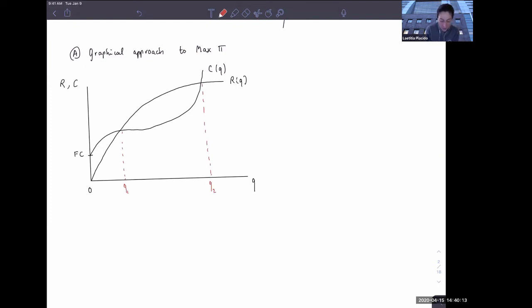Okay, so if you look at the range of output between 0 and Q1, what can you see? What can you conclude about the level of profit? Well, you can see that the total costs are above the total revenue, okay? So in this area here, your profit is gonna be negative, okay?